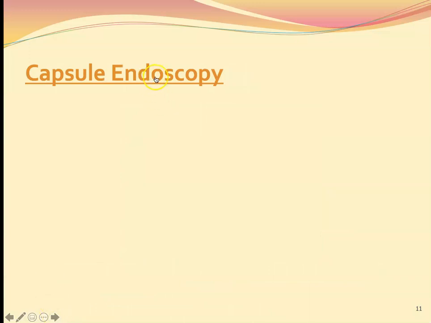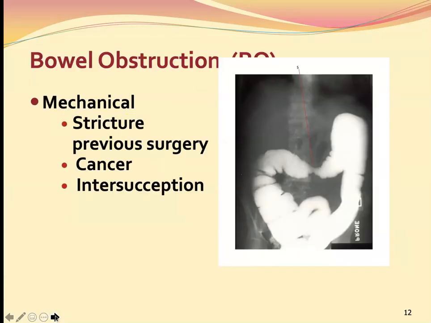This is a short video of capsule endoscopy that if you click on it, you guys can watch on your own. And then types of obstruction. These are mechanical. Basically, this is a stricture from a previous surgery, cancer, or intussusception, like shown in the picture right there.